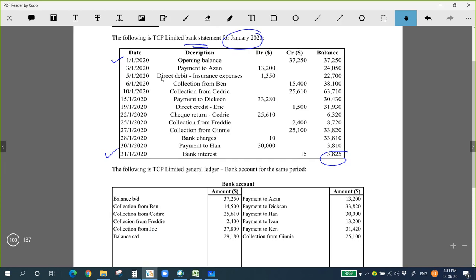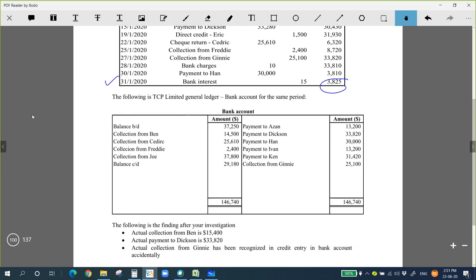And then this is a summary of the company general ledger, we call bank account, for the same period. This also starts from 1st January up to end of January. You can see that I have a debit balance of 29,180. So from here we can understand that the amount is not equal.